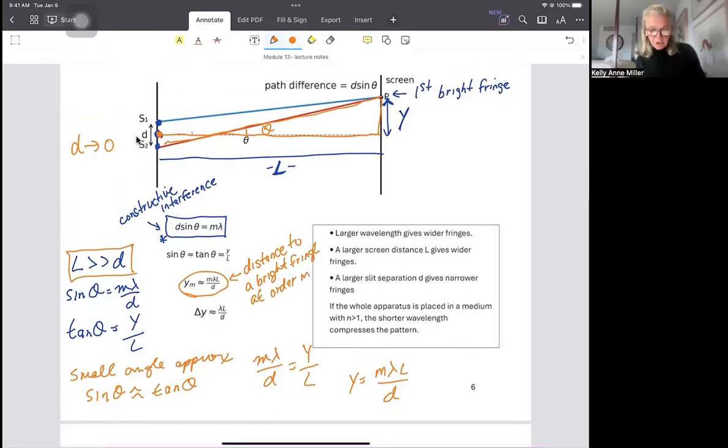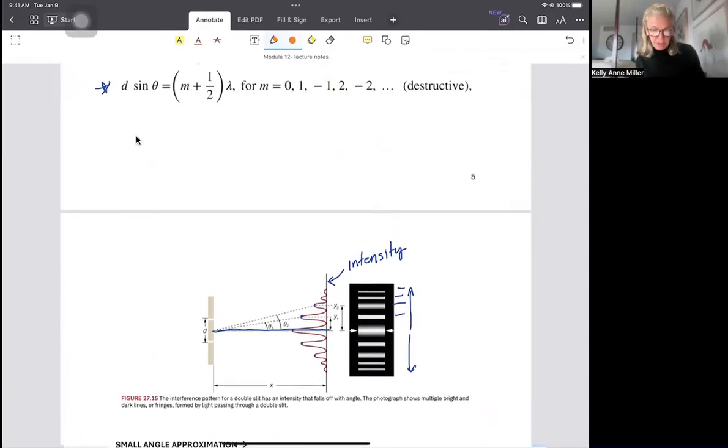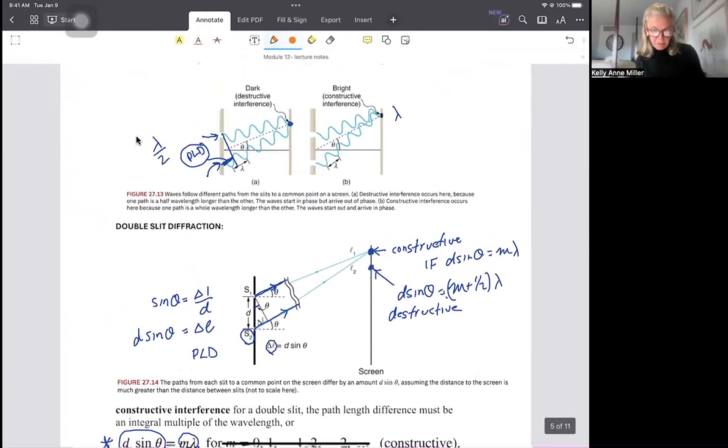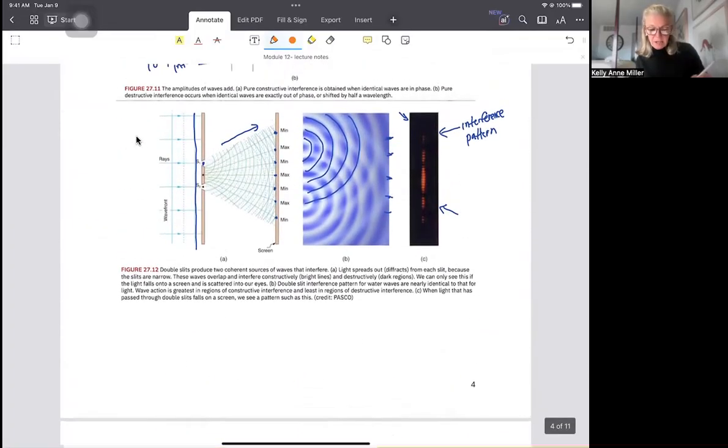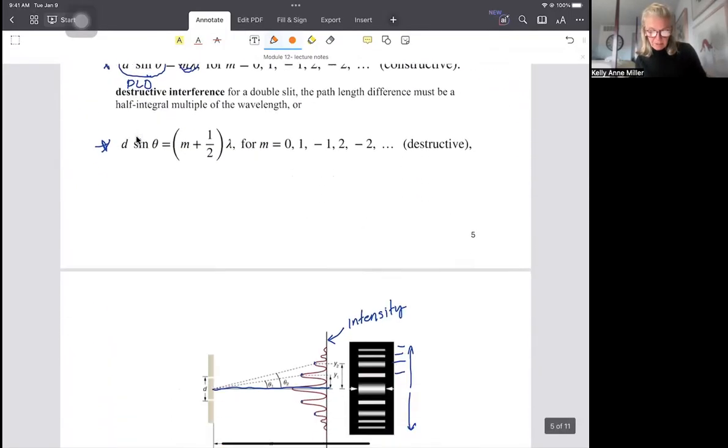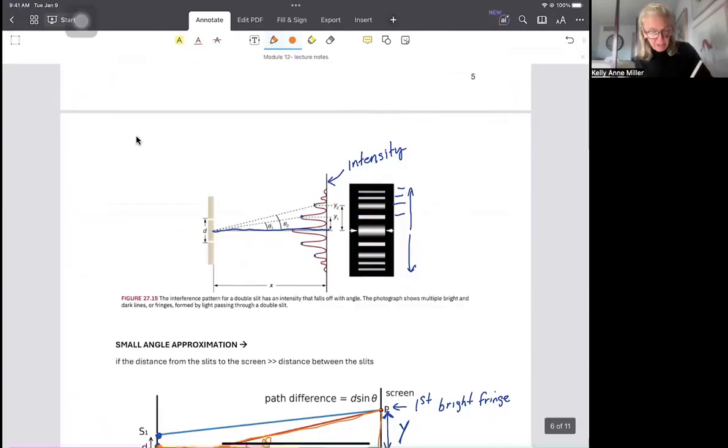Let's go back to the picture. Maybe it's easier to see in this picture here. Each of these is an m. The central one is m equals 0, this is m equals 1, m equals 2, m equals 3.